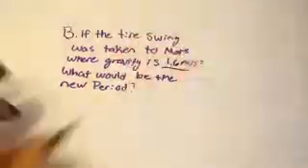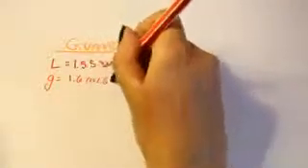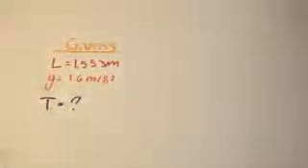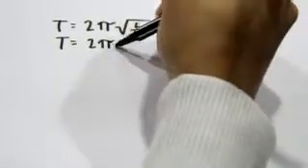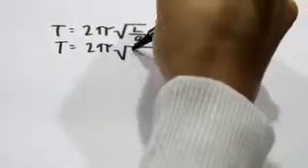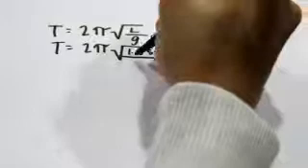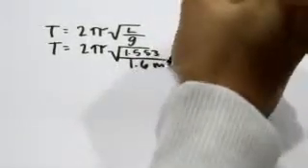We know from the previous question that the length is equal to 1.553 meters, and we are given that the gravity on Mars is 1.6 meters per second squared. T equals 2 times pi times the square root of 1.553 over 1.6 meters per second squared.